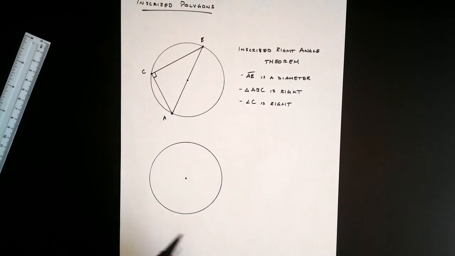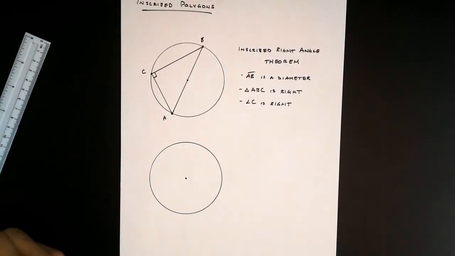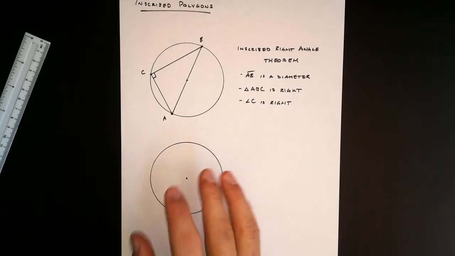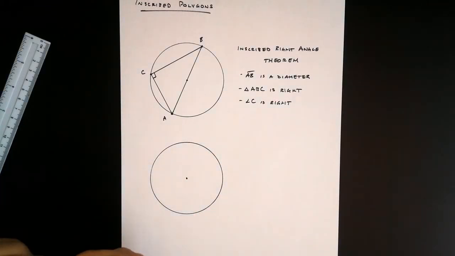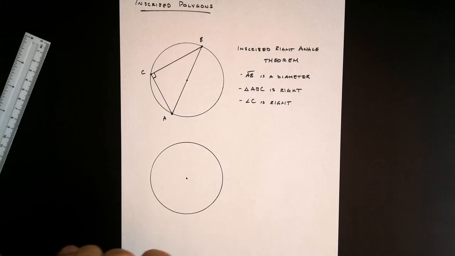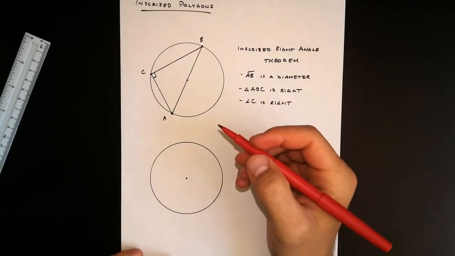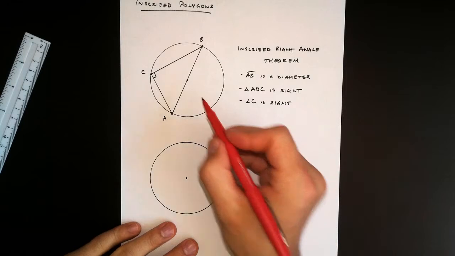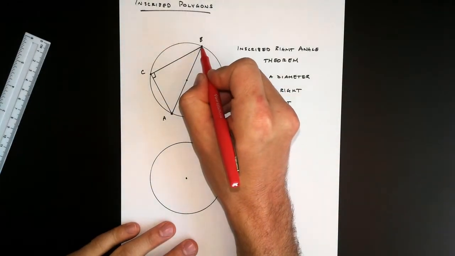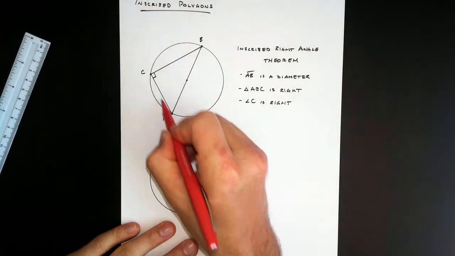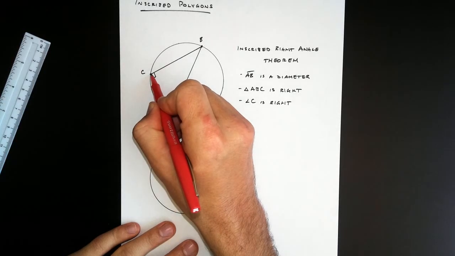The reason this works out, this just directly follows from the inscribed angle theorem that we've already talked about. So we know that the inscribed angle is half as big as the intercepted arc. So this angle, BCA, this is our inscribed angle.